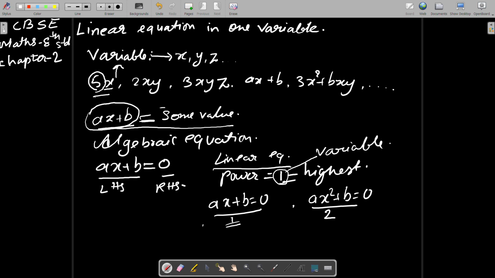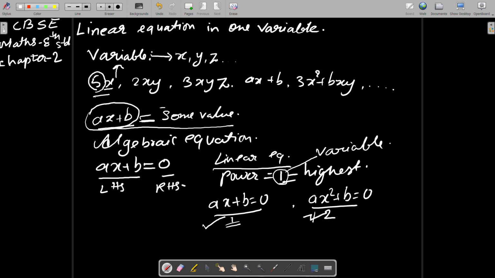So in this case, this is a linear equation because it satisfies the definition criteria, and in this case it is not a linear equation. This is how we need to identify which are linear equations and which are not.